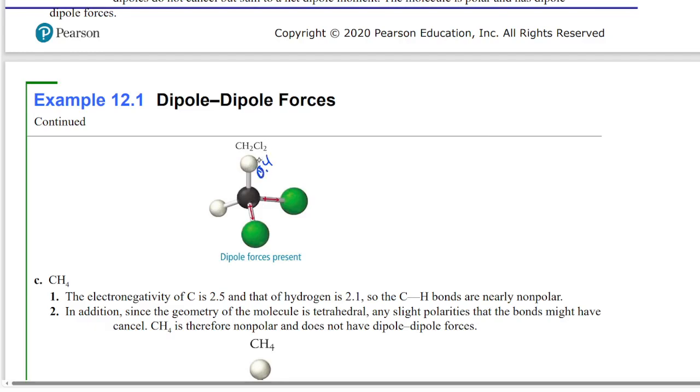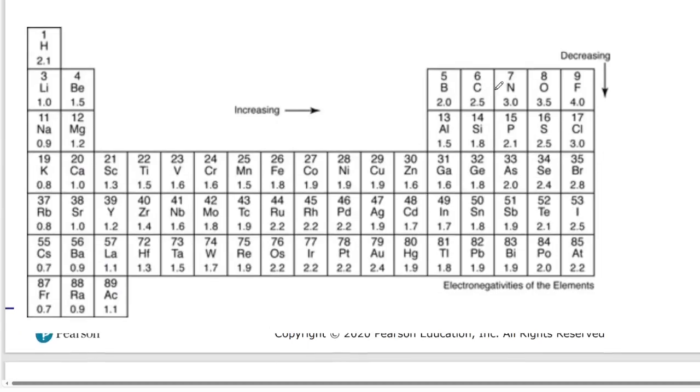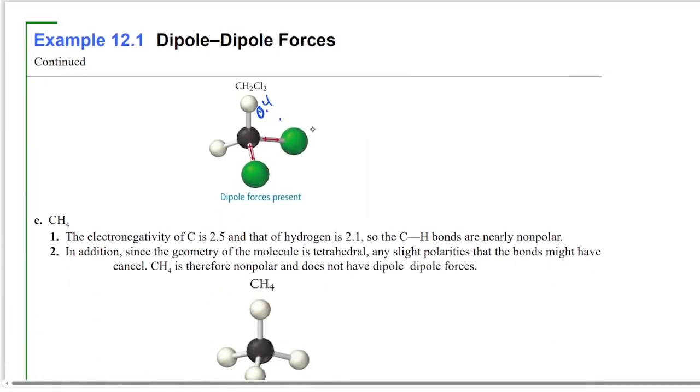And for carbon and chlorine, carbon is 2.5, chlorine is 3.0, so that's 0.5. So remember, anything 0.4 or less is considered nonpolar, but anything greater than 0.4 is considered polar.